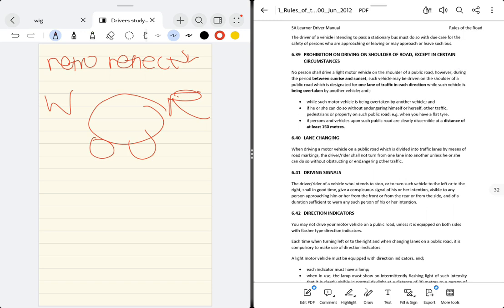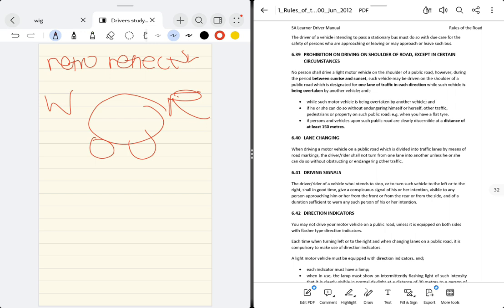Prohibition on driving on the shoulder of a road, except in certain circumstances. No person shall drive a light motor vehicle on the shoulder of a public road. So you're not allowed to drive on the shoulder of a public road.